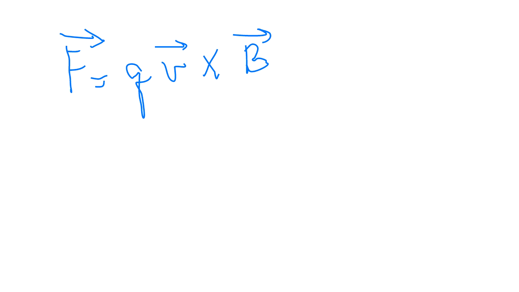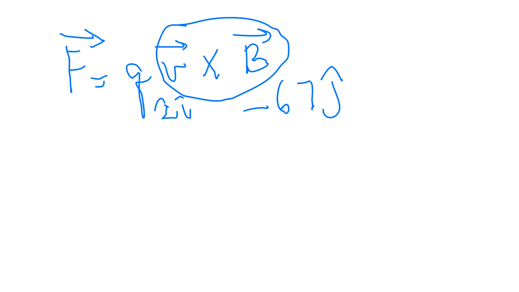Now I need to do the cross product first. He told me that V is simply 2 I hat, and B is minus 6.7 J hat. That means I need to cross the I hat with the minus J hat.